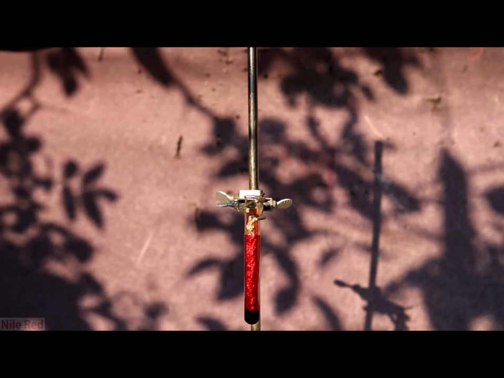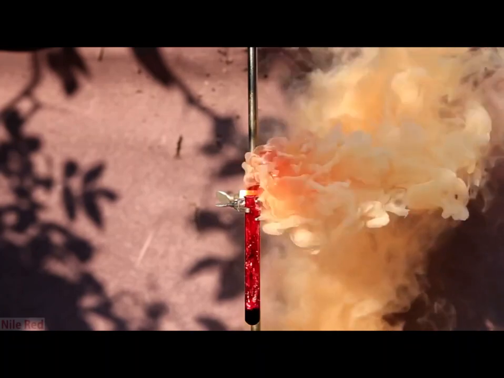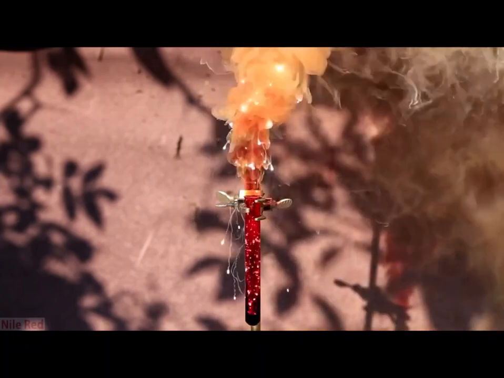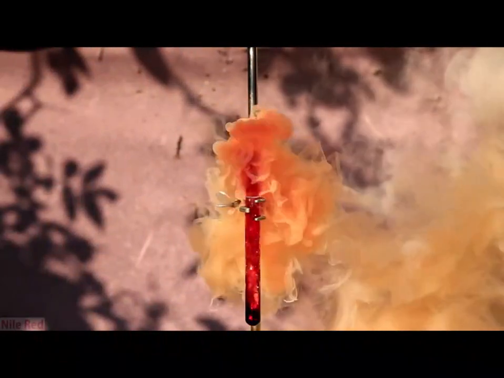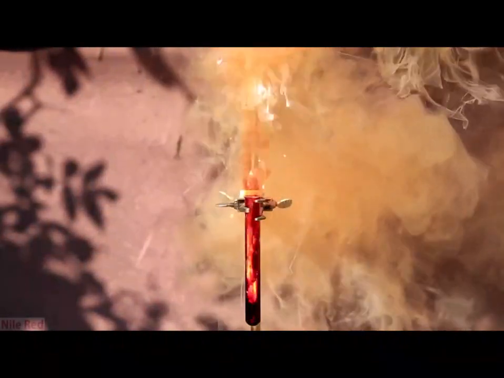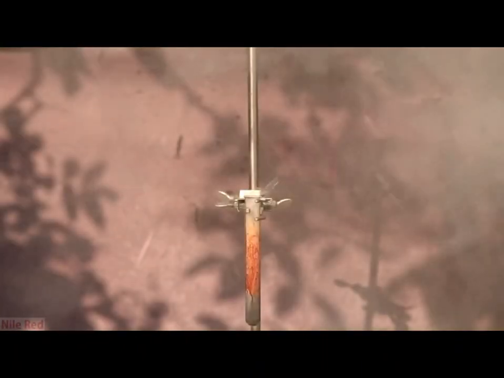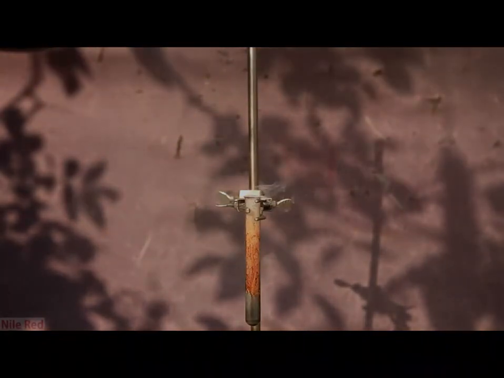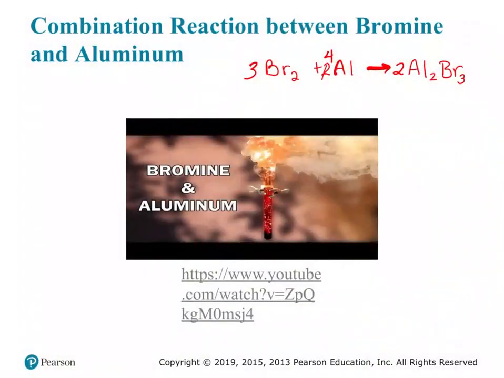The aluminum reacts violently with the bromine to form aluminum bromide. When slowed down to about 1/4 the speed.